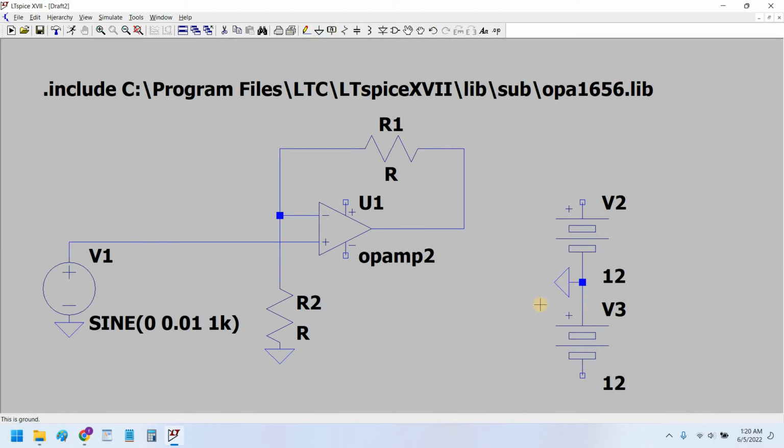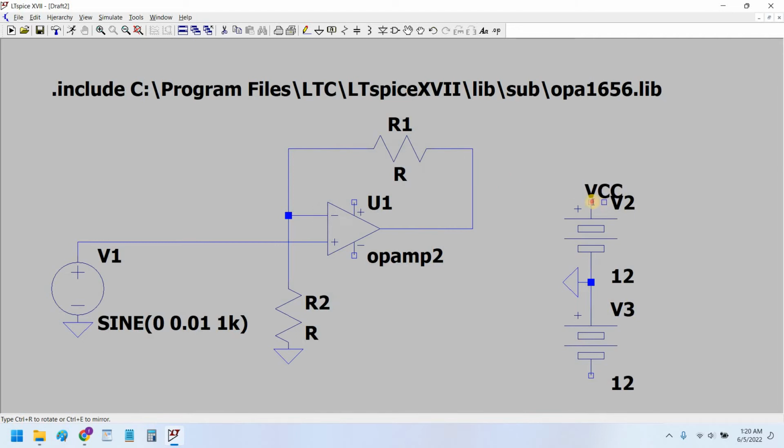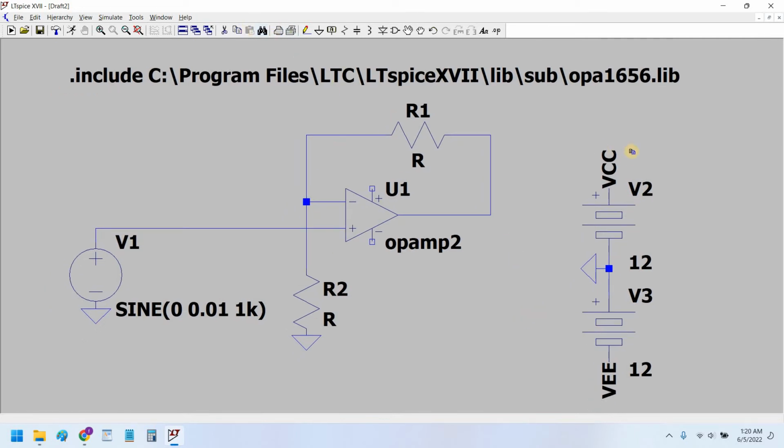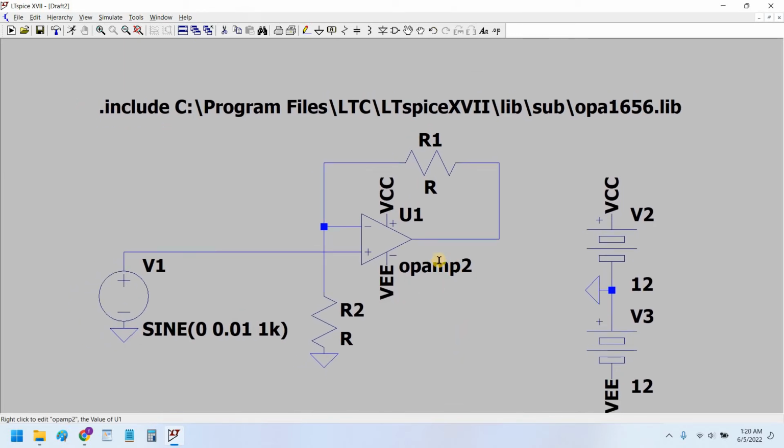This common terminal is common ground and this is the positive, as we did in our previous video. VCC plus 12 and VEE minus 12. Now we are going to copy these nodes to the positive supply terminal of the op-amp and the negative supply terminal of the op-amp, that is plus VCC and minus VEE.